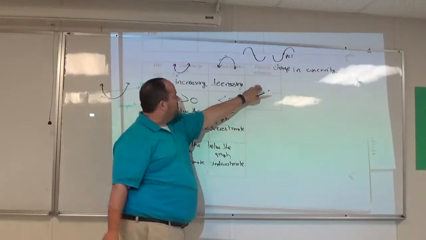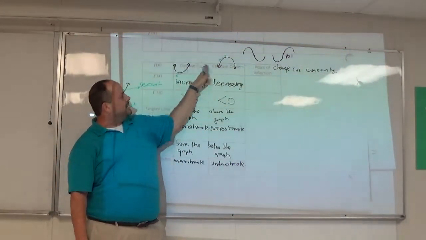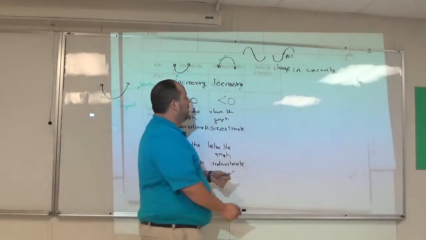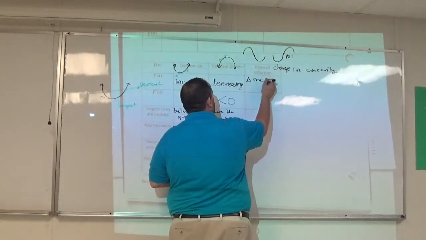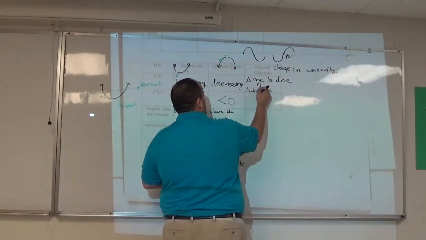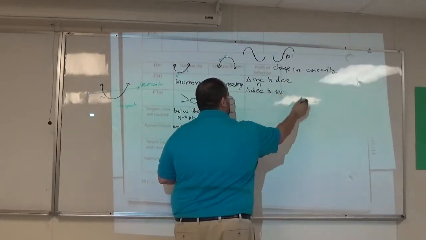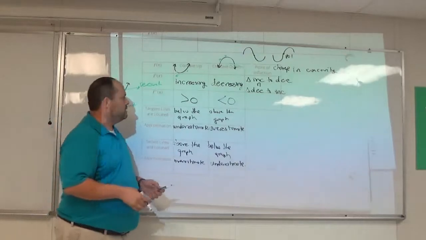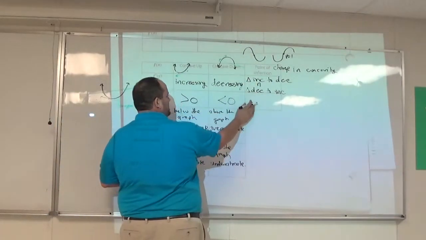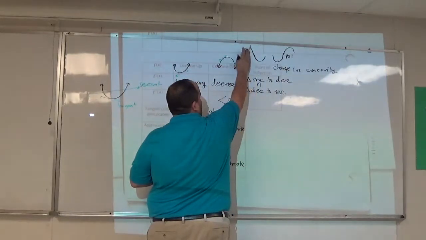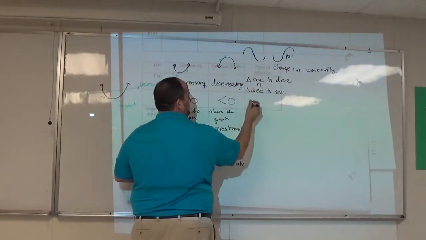Well, what happens in the derivative? If I've changed from being concave up to concave down, what happens with the derivative graph? F prime changes from increasing to decreasing, or the change is from decreasing to increasing. The derivative will change in this very particular way. What happens at the second derivative level? If you just change from concave down to concave up, the opposite.